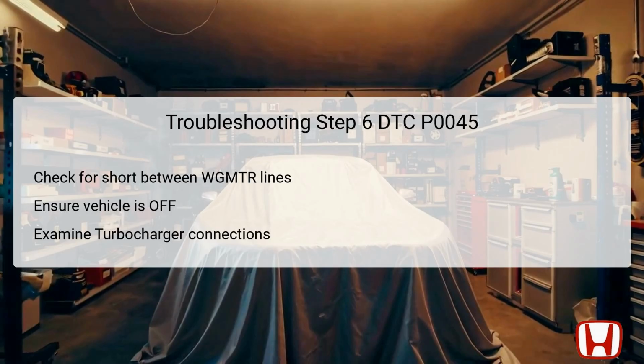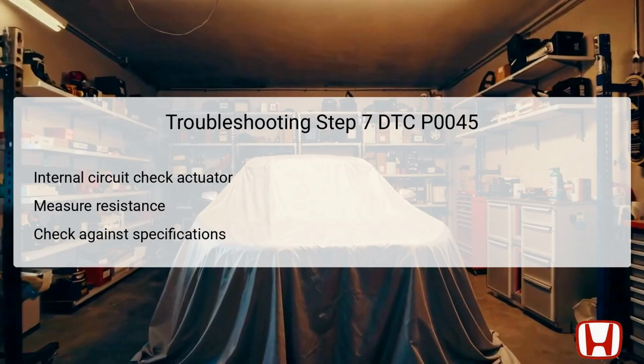the actuator's operation. Step 7 in troubleshooting DTC P0045 involves checking the internal circuit of the Turbocharger Wastegate control actuator. Ensure the vehicle is in the off mode and that both the PCM and Turbocharger 5P connectors are disconnected. Measure the resistance between the Turbocharger 5P connector terminal number 1 and terminal number 5.